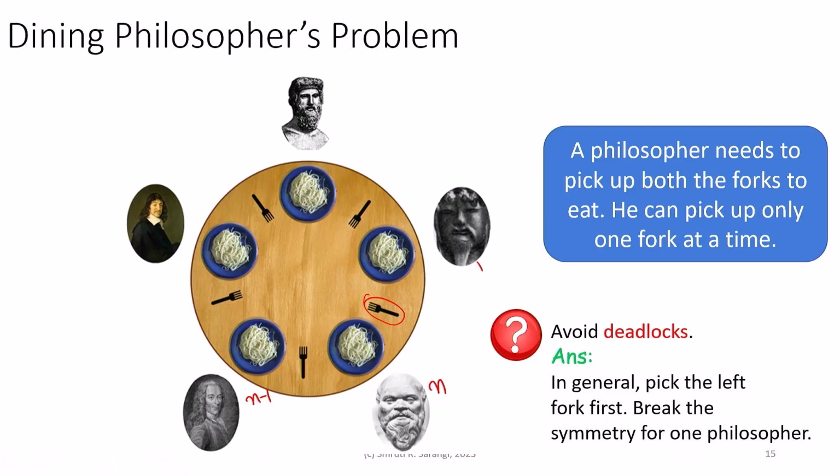If you focus on this region, you clearly get a contradiction, that a deadlock is not possible, because at least one of them would have both the forks. So you can prove by contradiction that any such symmetry breaking algorithm will not lead to a deadlock. Something similar can be done in the design of computer algorithms for preventing deadlocks.